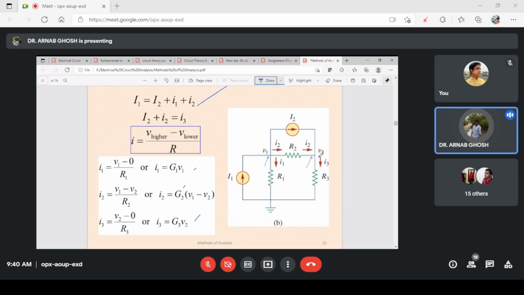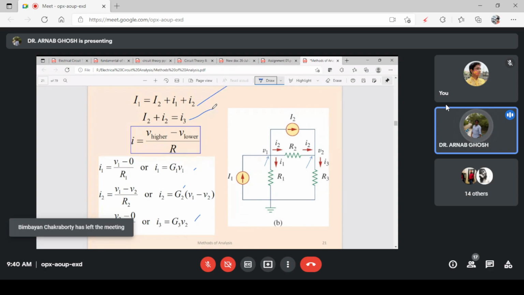And at this particular node, I3 is leaving, and I2 and capital I2, these two are entering. So capital I2 plus small I2 will be equal to small I3. So this is your second node equation. So when I am doing nodal analysis, we are just applying KCL at each of the nodes, and according to that, we are framing the equations.